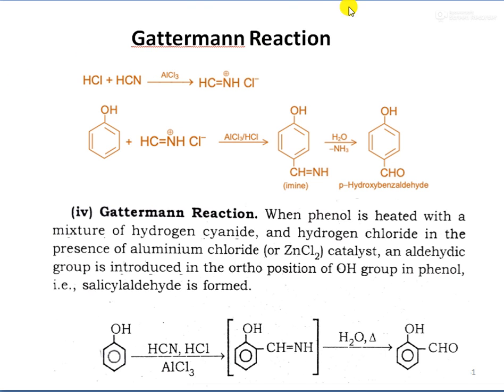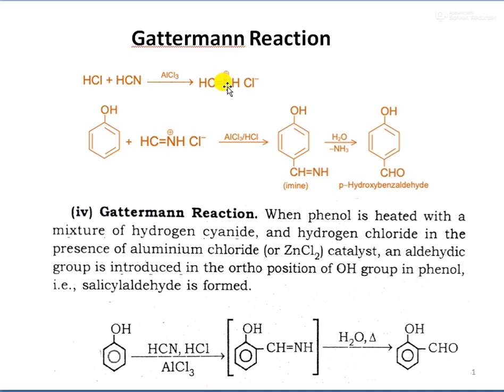This is another reaction, Gattermann's reaction. We didn't discuss it in the class, but we can see it here. In this, a phenol is reacted with HCN and HCl in presence of catalyst AlCl3. The final product will be an aldehyde, salicylaldehyde. Initially HCl will react with HCN to form a compound like this.